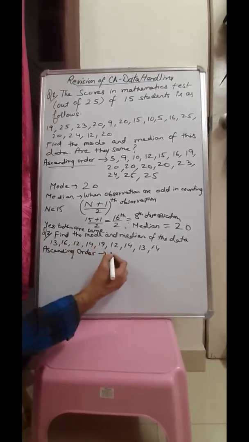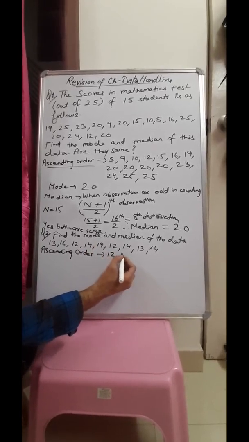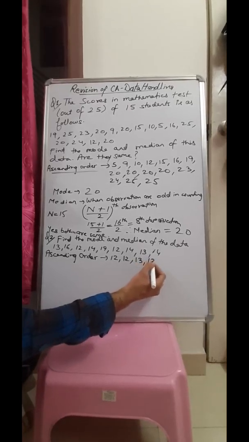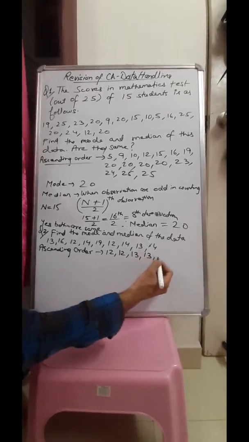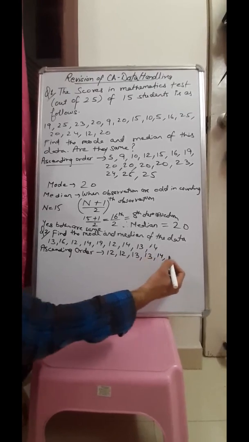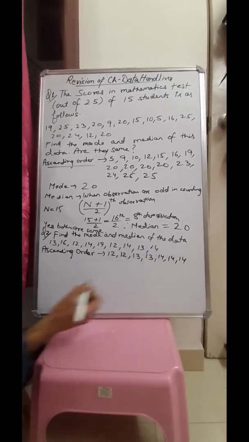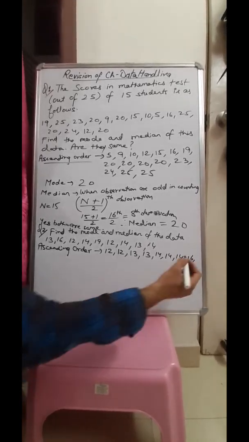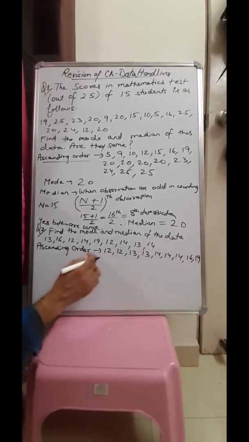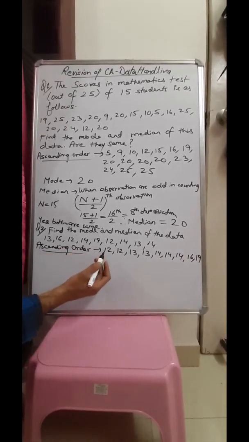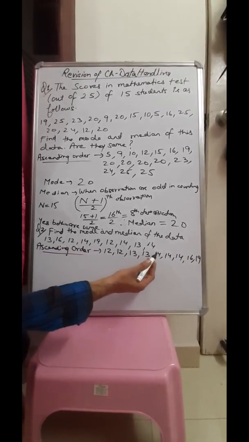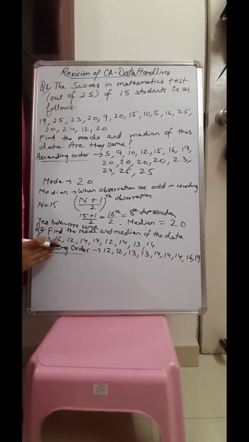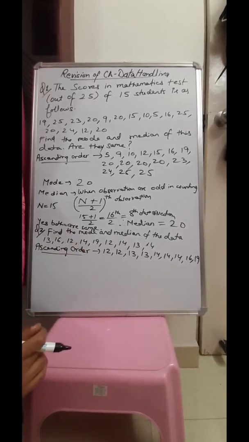First will be 12, then again 12, then 13, again 13, and next after 13, 14 will come 3 times, 14 14 14, next is 16, and last is 19. Once you arrange them in ascending order, count the observations 1 2 3 4 5 6 7 8 9. That means we have arranged the same number of observations in ascending order.